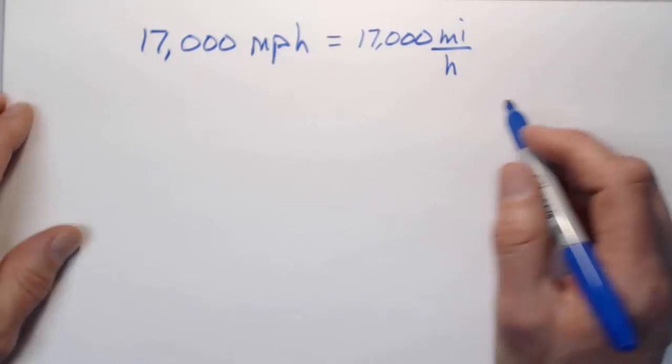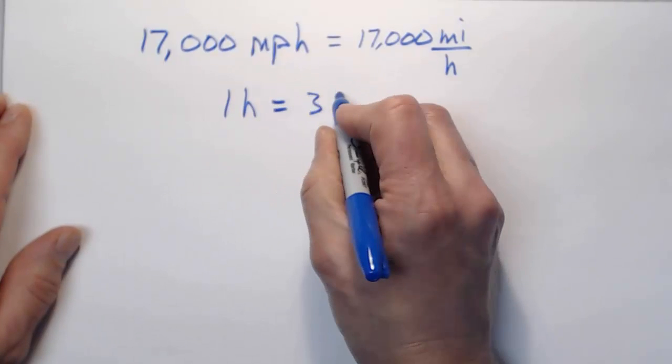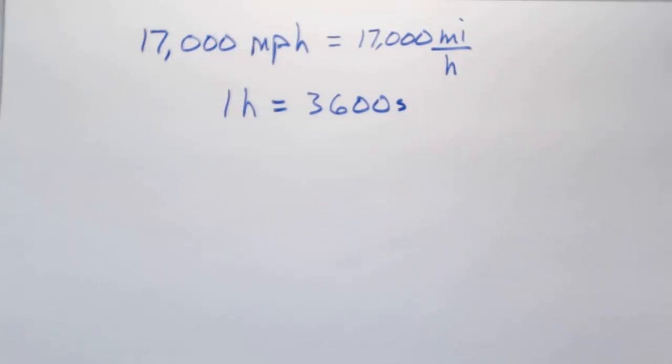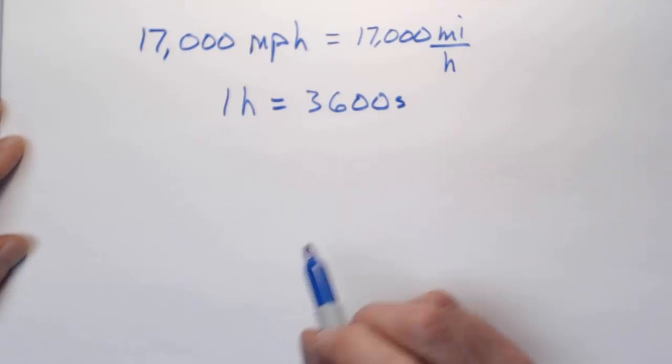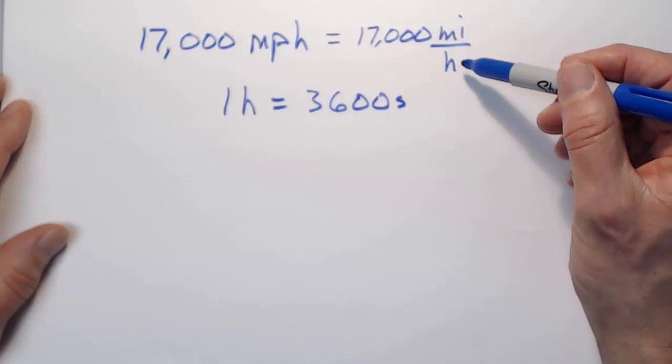And here's what I need to know for this. 1 hour is equal to 3,600 seconds. There are 60 minutes in an hour and 60 seconds in a minute, so you could figure that out or look it up somewhere. Anyway, that's the conversion I need. In this problem, the units that I want to change are in the denominator.